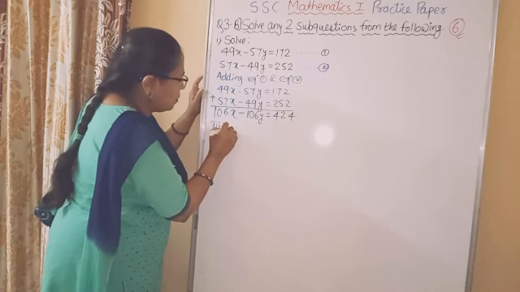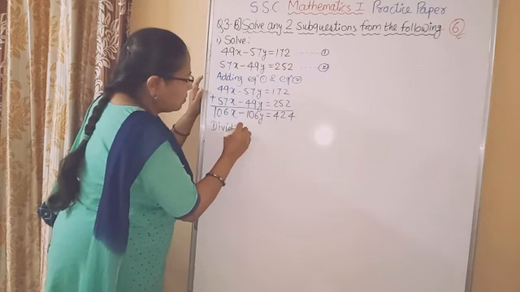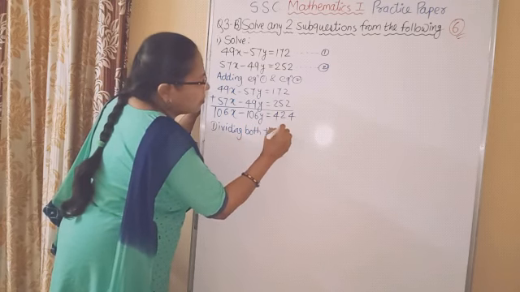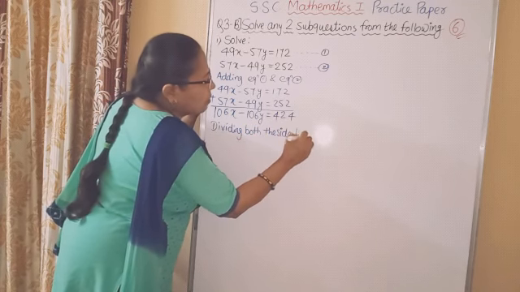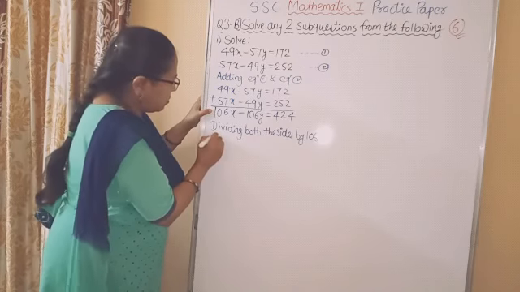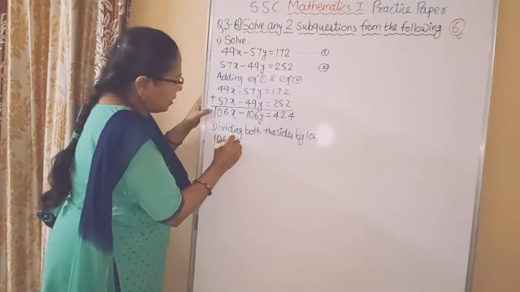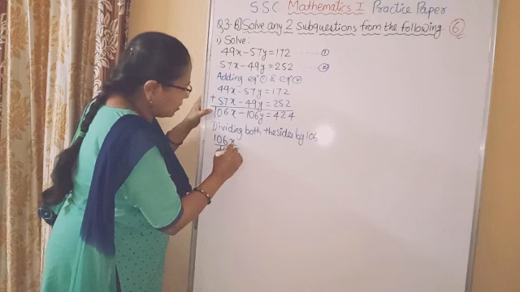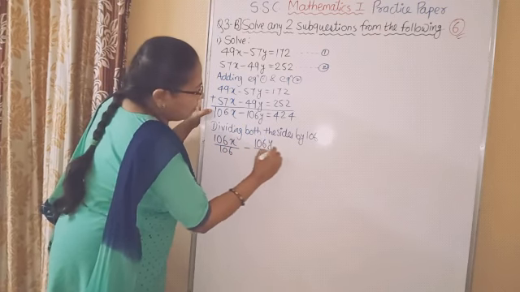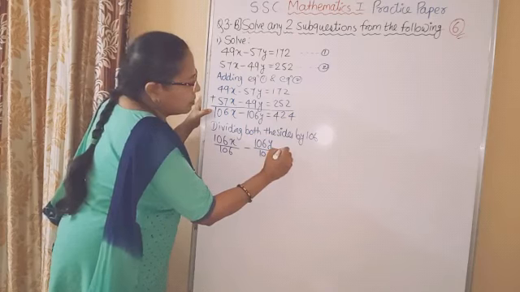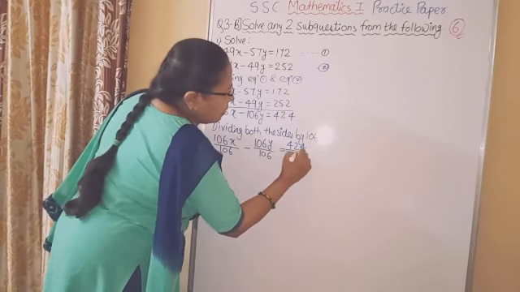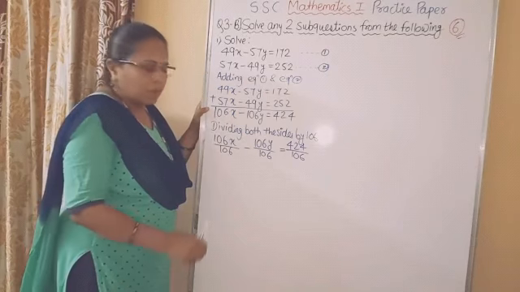Dividing both the sides by 106. So here first term is 106x divided by 106 minus 106y divided by 106 equal to 424 divided by 106. Okay.